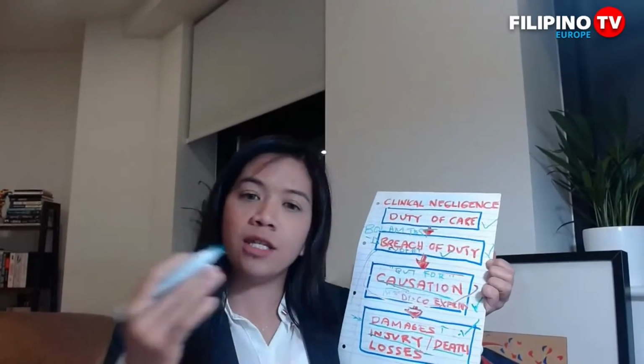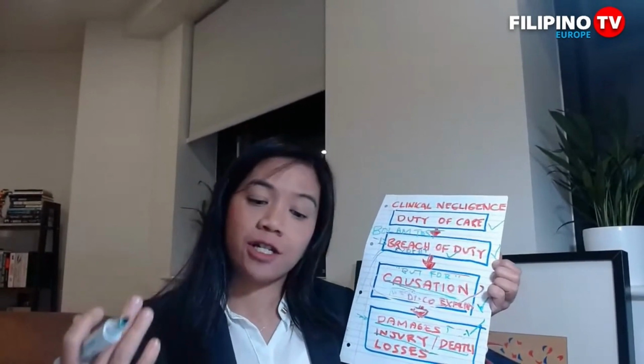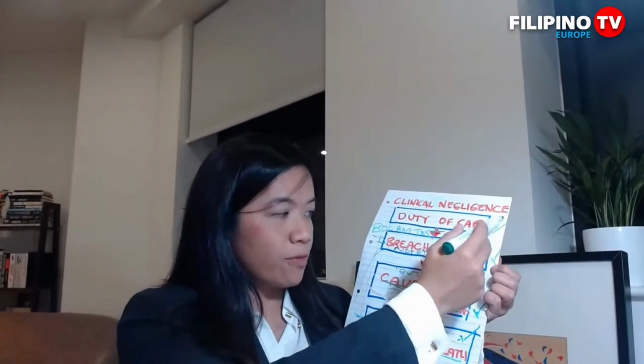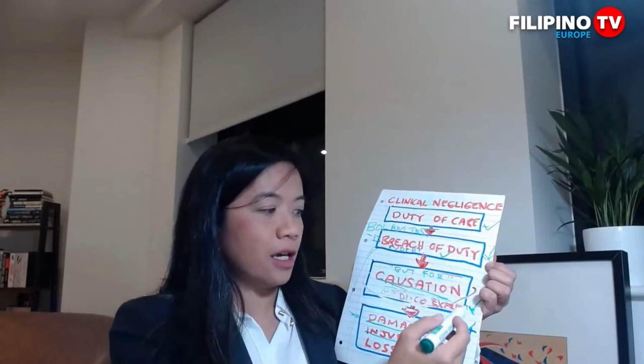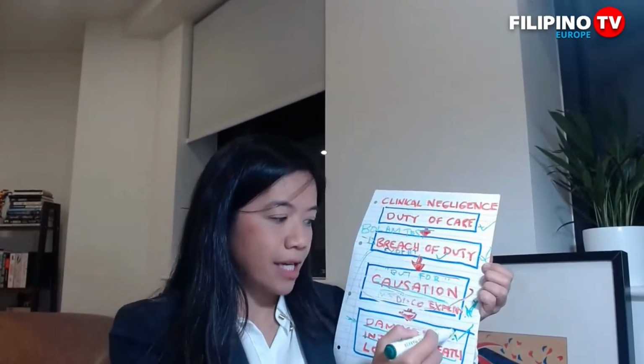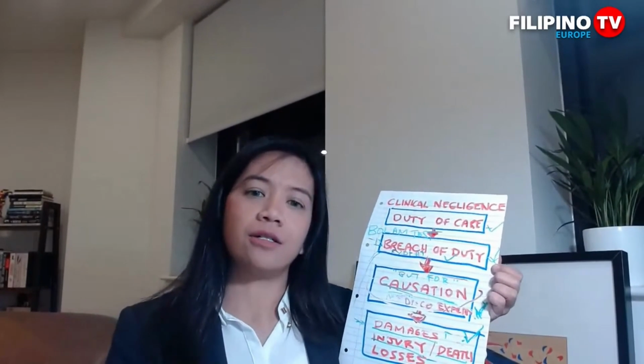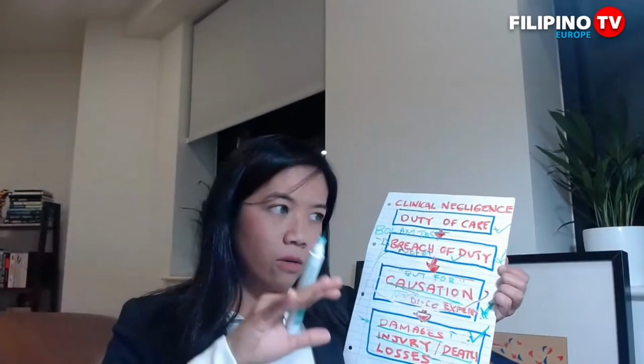The same thing if you need to have certain changes. Say for example yung clinical negligence, na-prove mo yung duty of care, breach of duty, na-prove mo yun lang talaga yung dahilan na bakit may ganong injury, and ngayon paraplegic na o paralyzed na yung tao, then you have to make all necessary changes sa buhay niya.